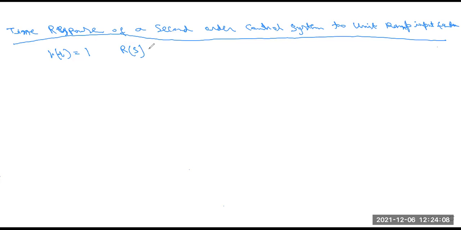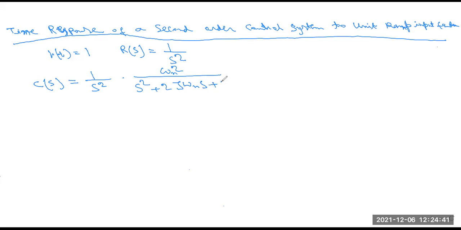And we know that the function of the unit ramp input is R(s) equals 1 by s square. So we can easily write the expression of the output for the second order control system: C(s) equals 1 by s square into omega n square by s square plus 2 zeta omega n s plus omega n square.